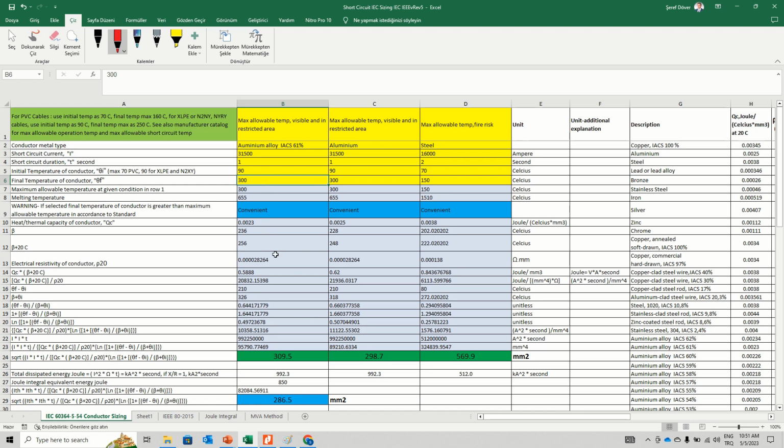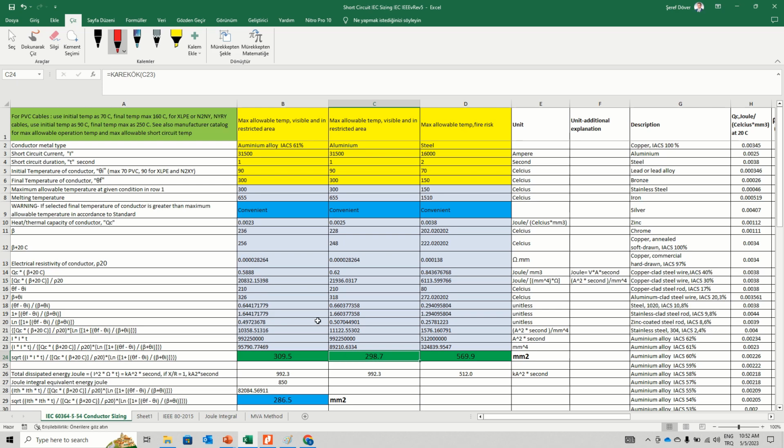Then let's see the result. As you see, I need 309 millimeters square if I am using aluminum alloy with an IACS percentage of 61%. If I am using normal pure aluminum, then I will need maybe 10 millimeters square less.